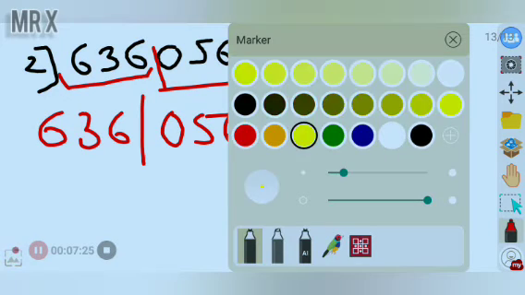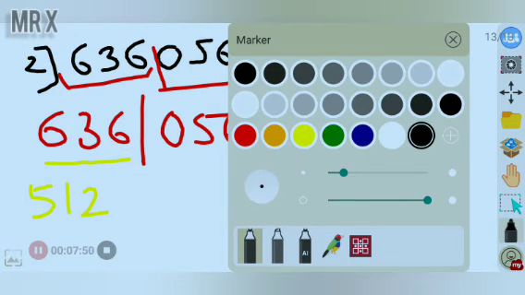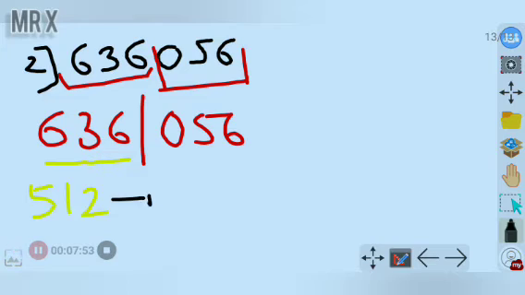You know that the first group is 636, and the perfect cube smaller than 636 is 512. We know that the cube root of 512 is 8. So this becomes the first digit of the cube root.